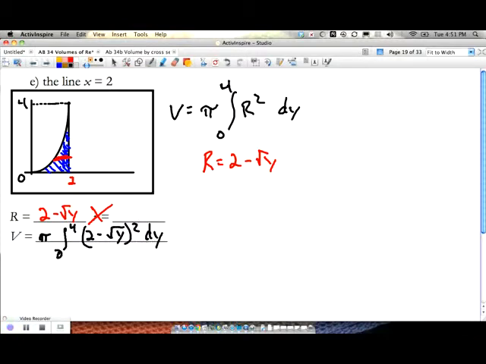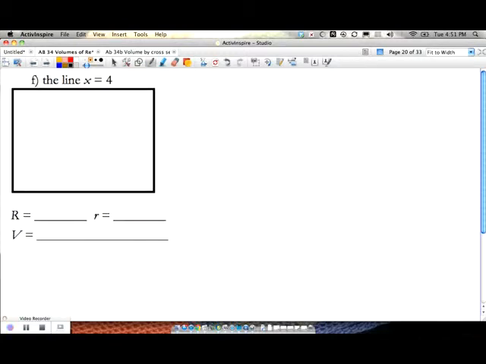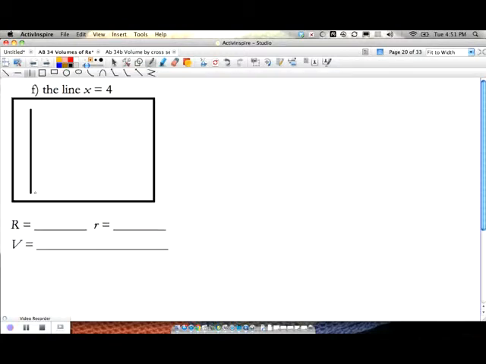There we go. Last one, around the line x equals 4. This is going to present a new challenge to us. We're going to have a little bit of empty space. So we still have that same curve, and now we have a line that we're spinning around a little bit further out, actually about double the space out here.